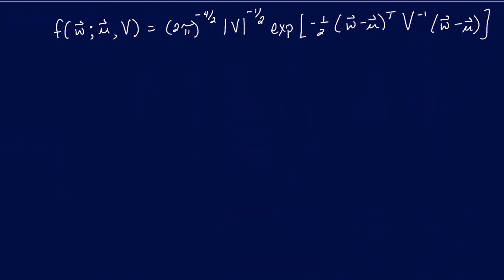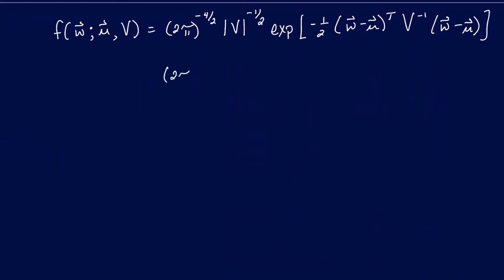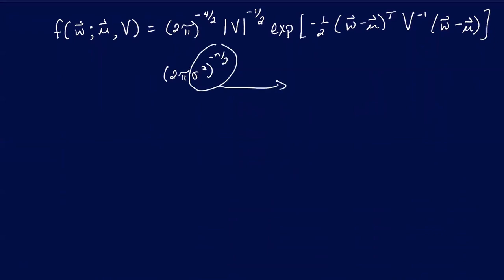So you can see the sort of IID normals there, right? Because that usually has a 2 pi sigma squared to the minus n over 2. This comes out on its own, and it is in the denominator, so it's negative, and it is a square root, but you don't have an n when you write it with the variance-covariance matrix because that's already built into the matrix, which is n by n.